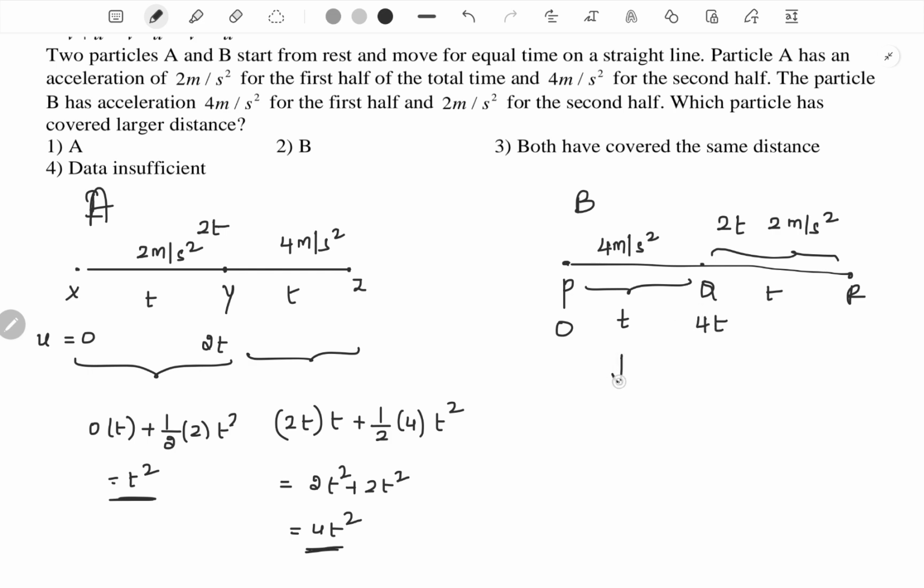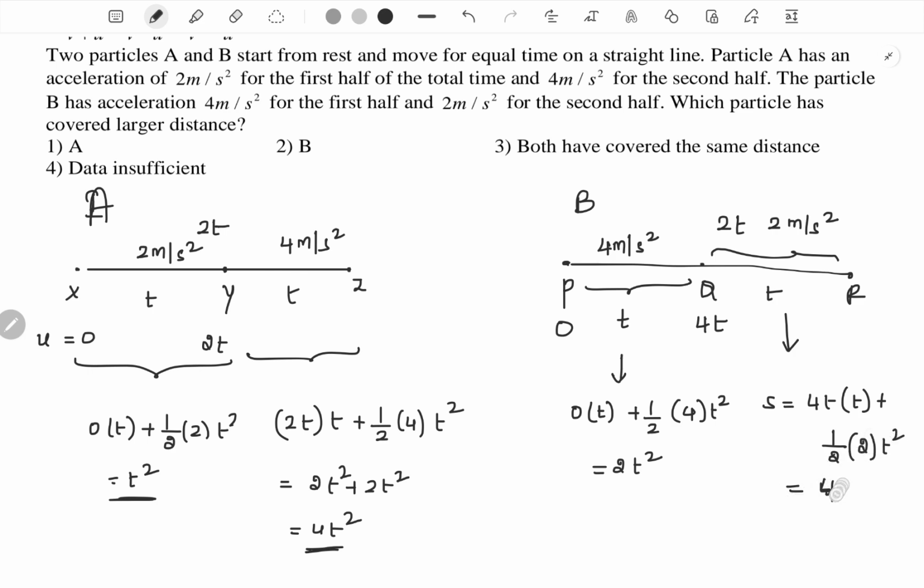Now let's calculate the distance travelled from P to Q. It would be ut plus half into 4 into t square, which would be 2t square. And then from Q to R, the distance travelled would basically be ut plus half into a into t square, which would come out as 4t square plus t square, which is equal to 5t square.